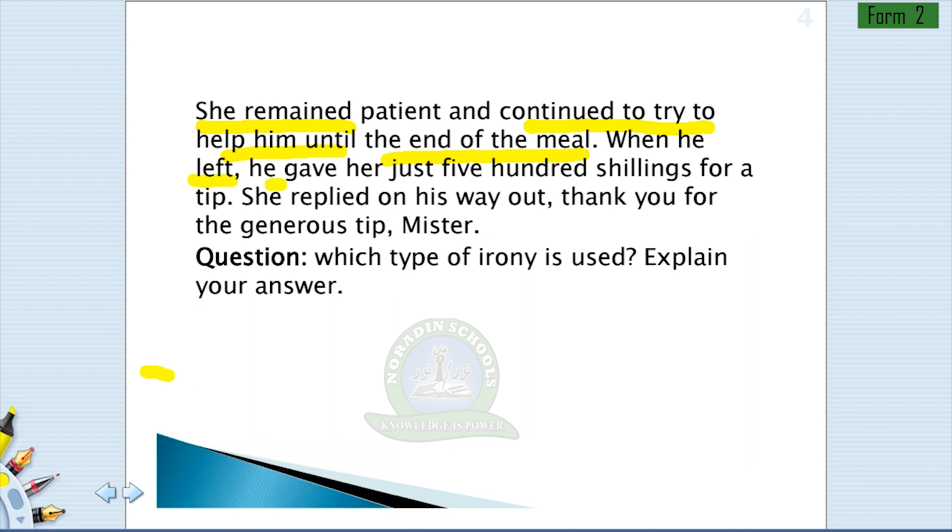When he left, he gave her just 500 shillings for a tip. What happened? She replied on his way out, when he was going out, she said, thank you for the generous tip, mister. This is the end of this first passage.